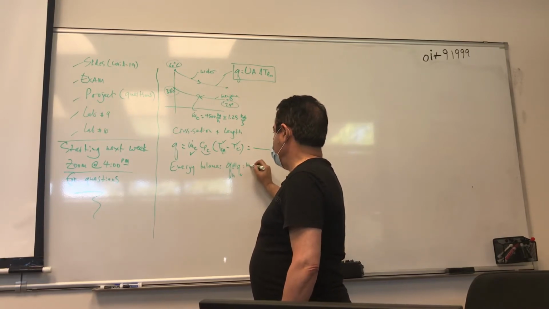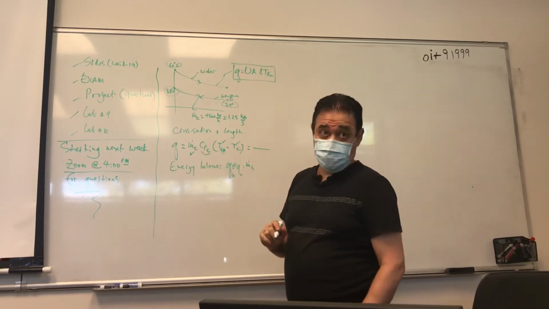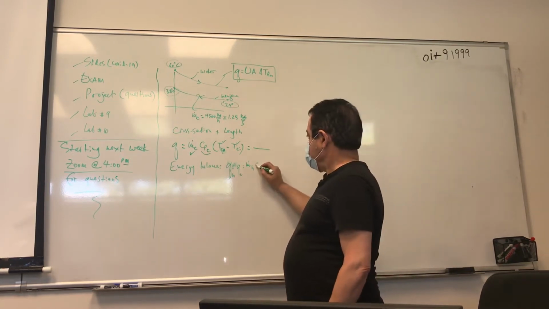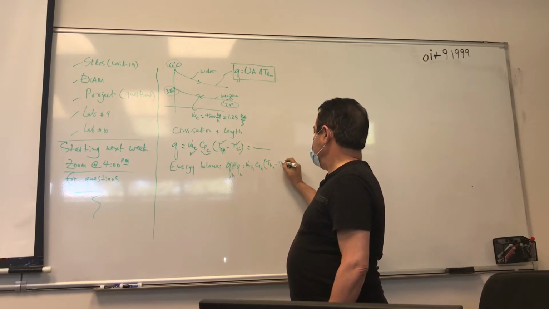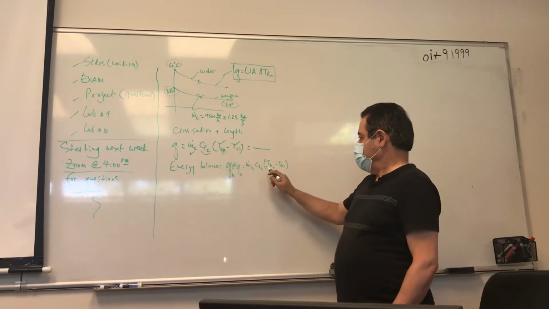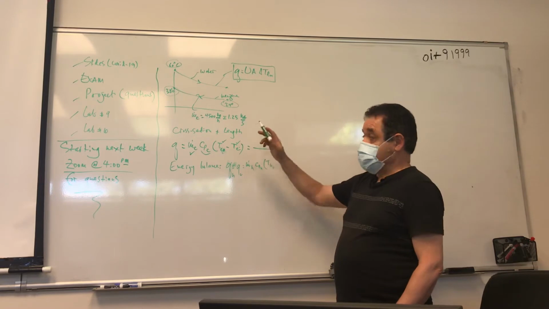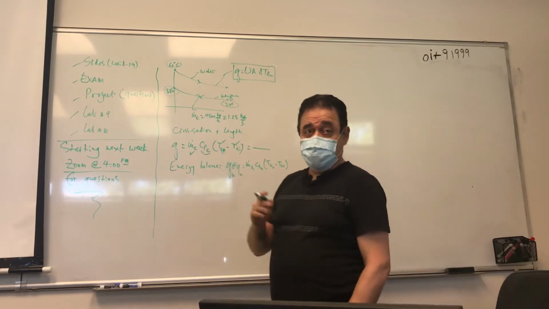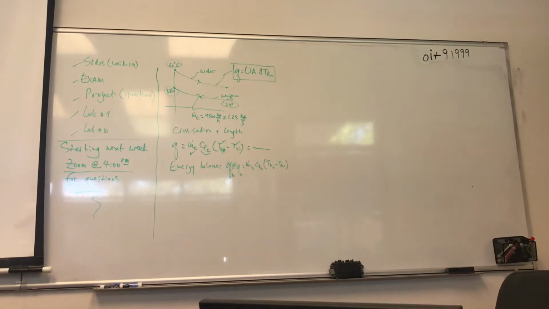Which is m dot of the hot, which we don't know, times Cp of the water, times T hot out minus T hot in. Now, obviously, the only thing you know is the inlet temperature of the water, and the temperature of the cold is going to go up, and the temperature of the hot is going to go down, right?